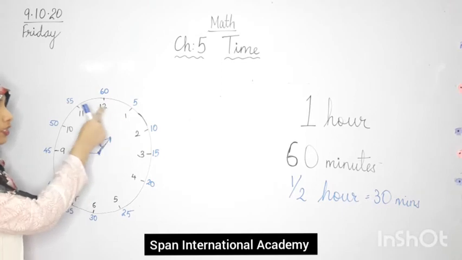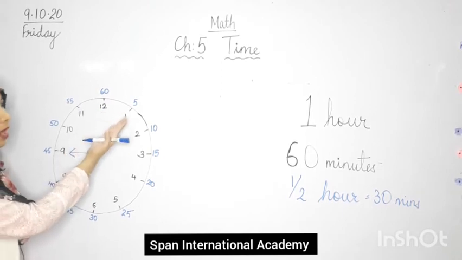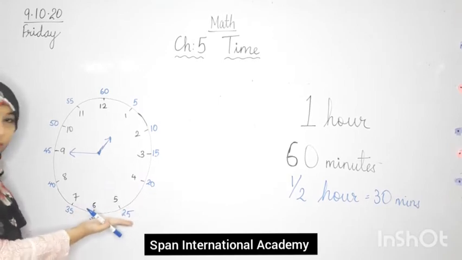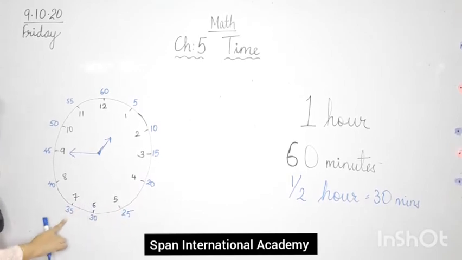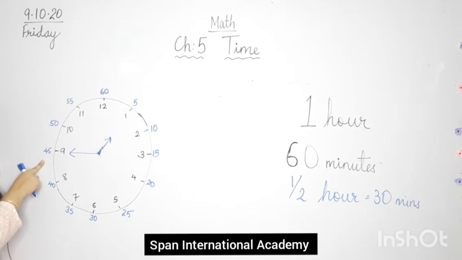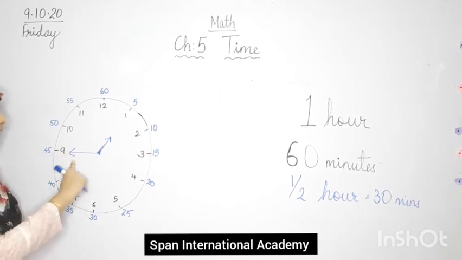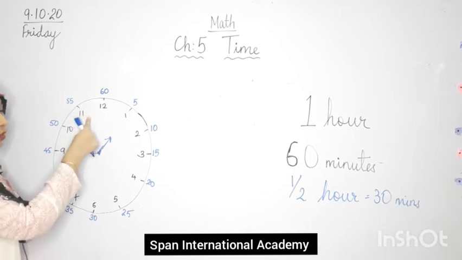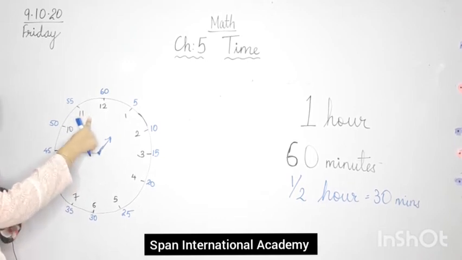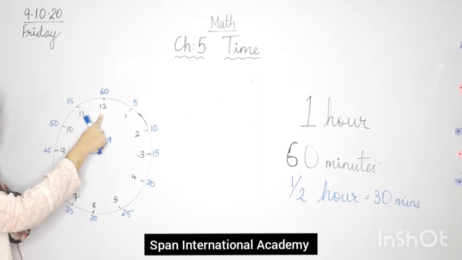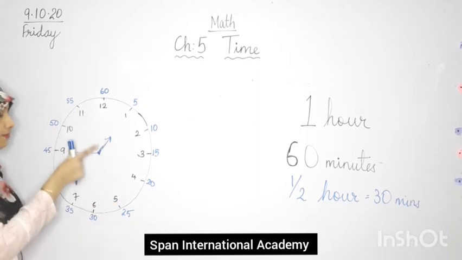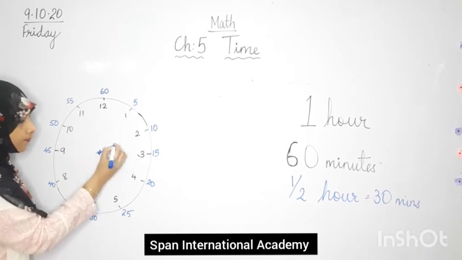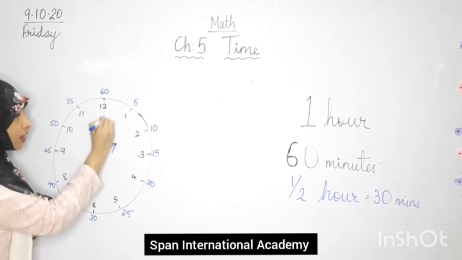Now from 1, we started at 1 o'clock. We saw 1:05, 1:10, 1:15, 1:20, 1:25, 1:30, 1:35, 1:40, 1:45. Then when our minute hand moves to 10, it is 1 hour 50 minutes. To 11, it is 1 hour 55 minutes. And when it turns and completes 60 minutes, the time changes from 1 o'clock to 2 o'clock.